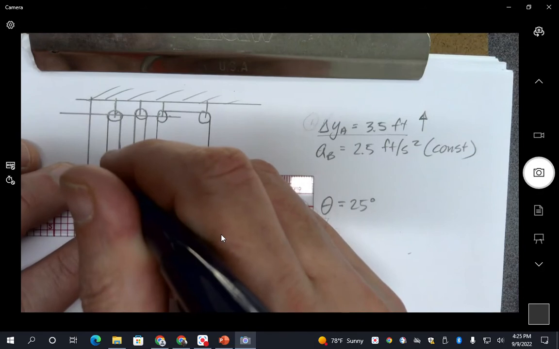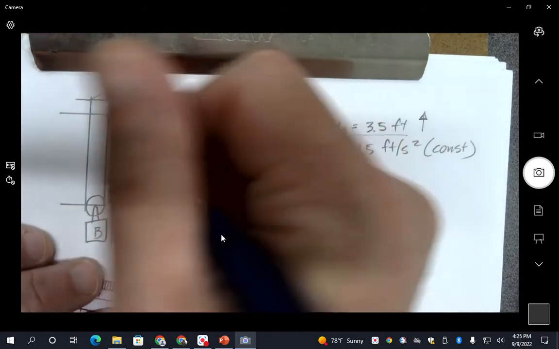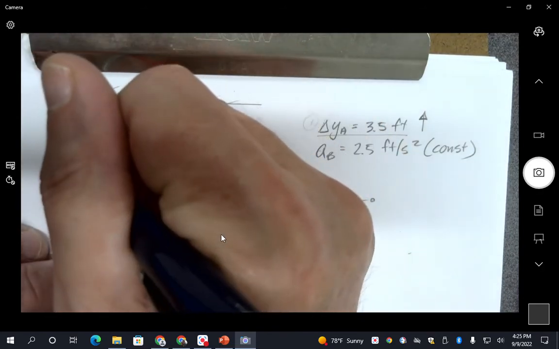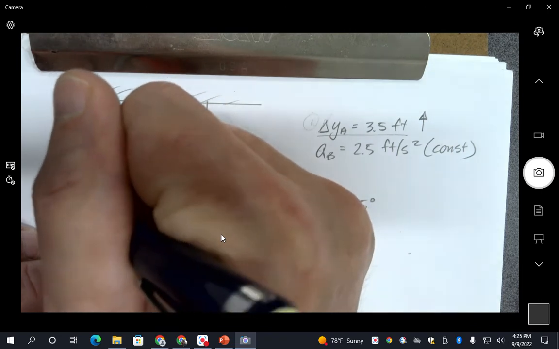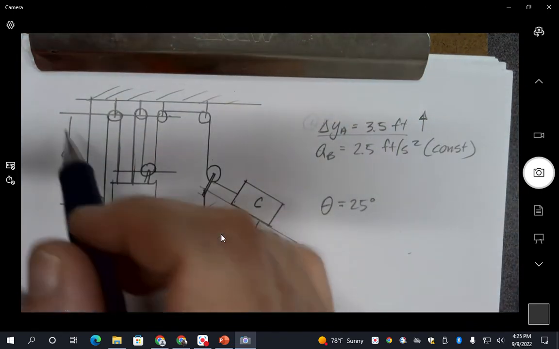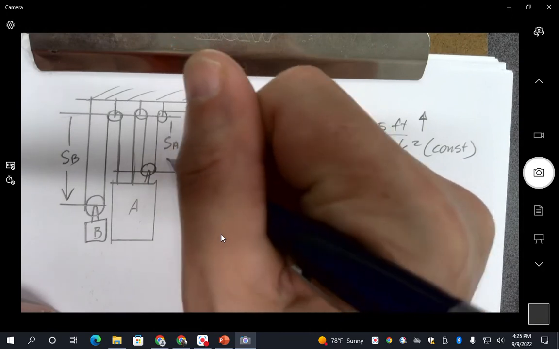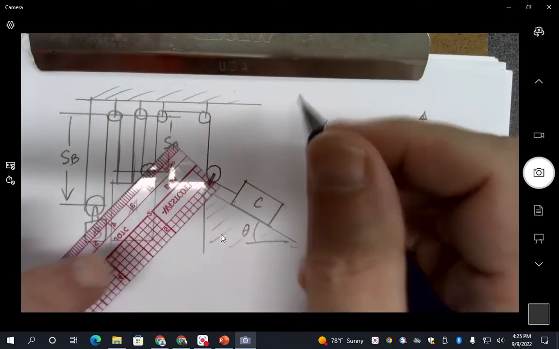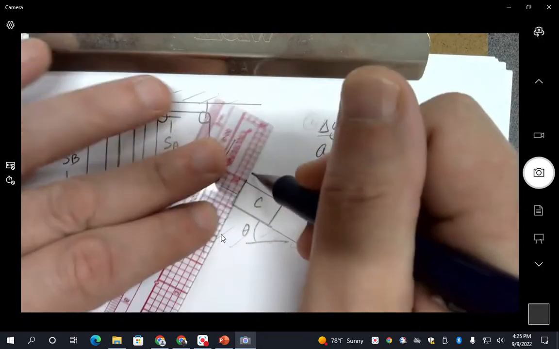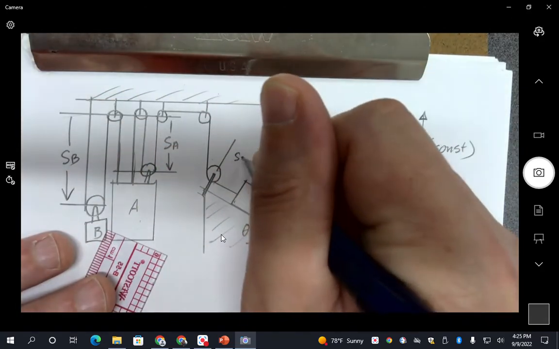And so here's a datum. I guess I said go S's on my page, so I'm going to stick with S's. There's SB from here, and here's SA, and then call this one here SC.